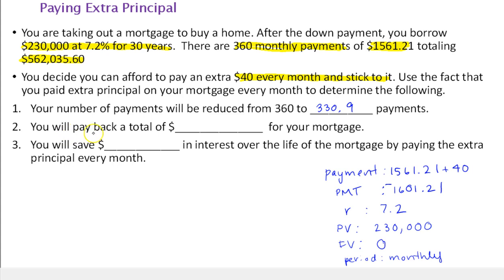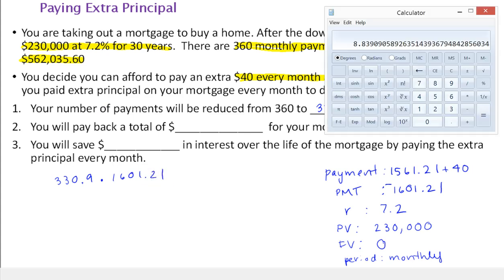Now let's see, you will pay back a total of blank dollars for your mortgage. Well, we can find that by the number of payments, 330.9 payments, times the amount you were paying, $1,601.21.